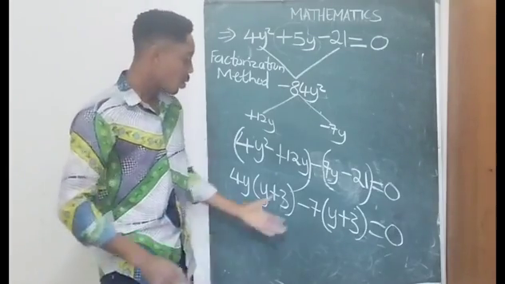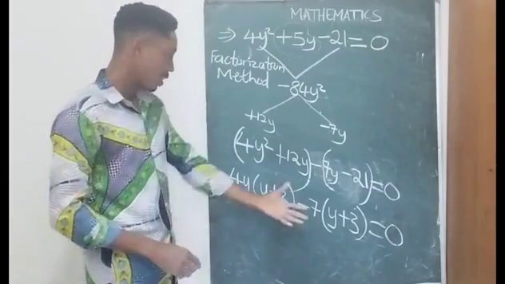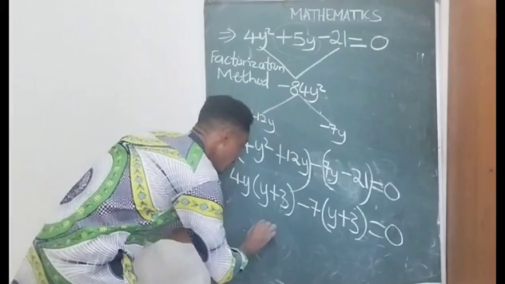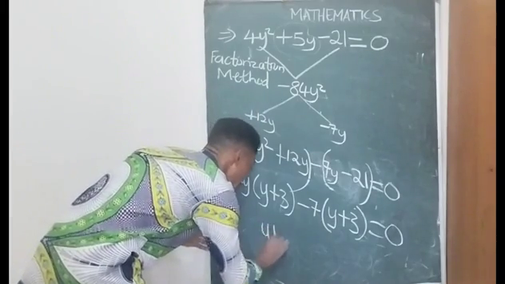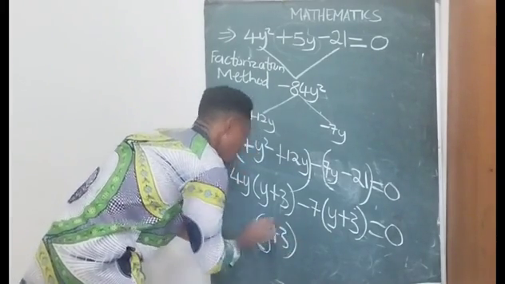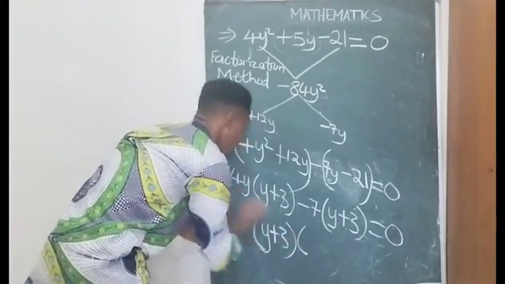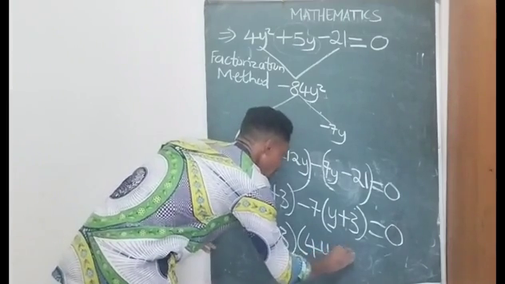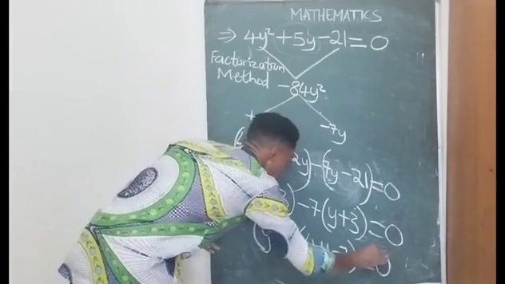So moving from here, you can see that this repeats itself. So that means, obviously, that this becomes y plus 3 into what's outside the bracket, 4y minus 7 equals 0.